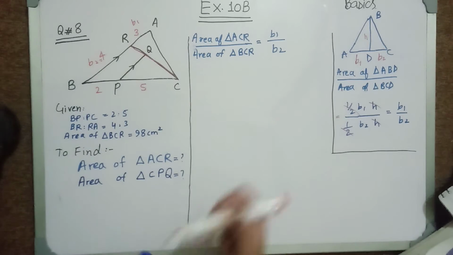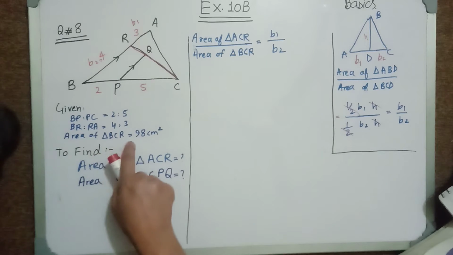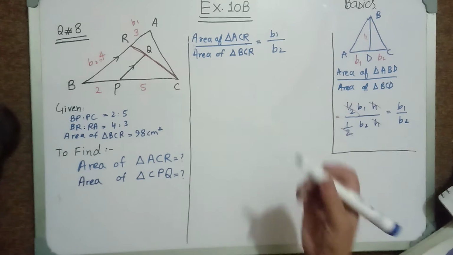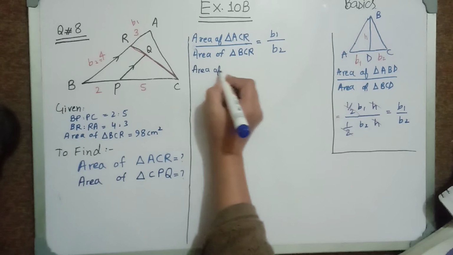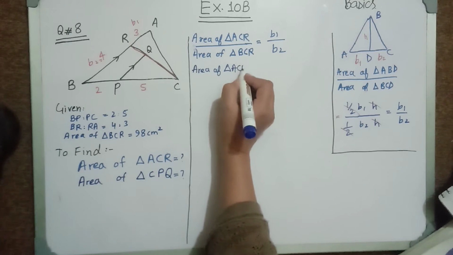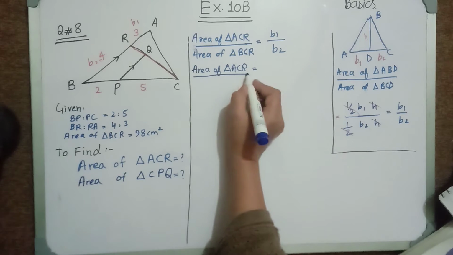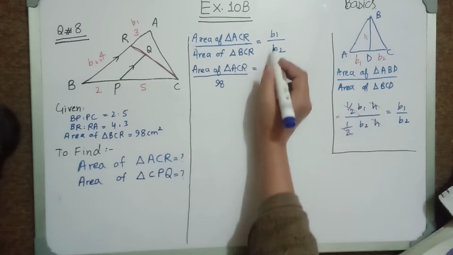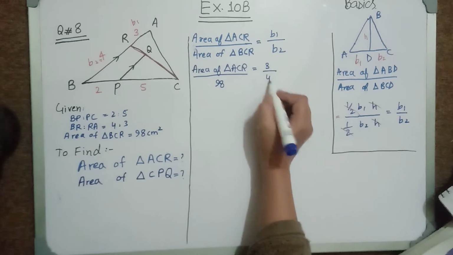So I can write, and in the question you are also given the area of triangle BCR, which is equal to 98 centimeter square. So I'll put these values here and I'll get area of triangle ACR over area of triangle BCR, where area of BCR is 98, B1 is 3 and B2 is 4, right?